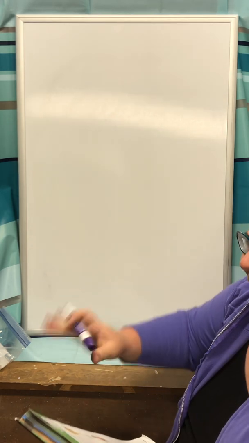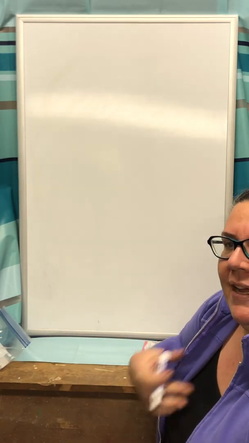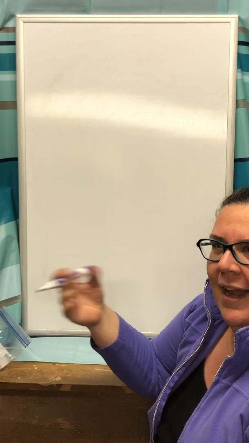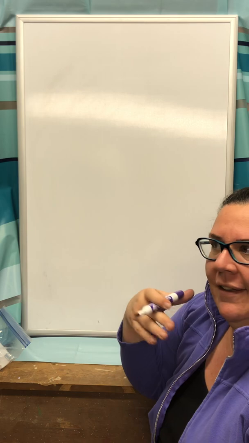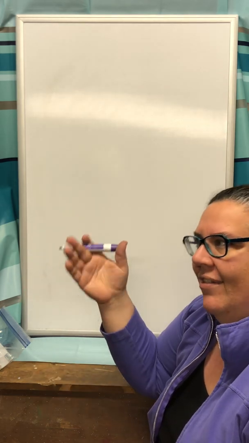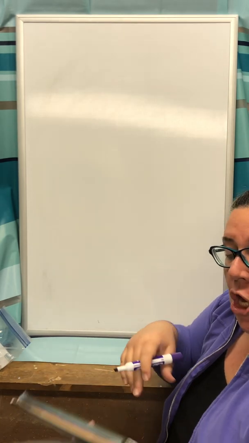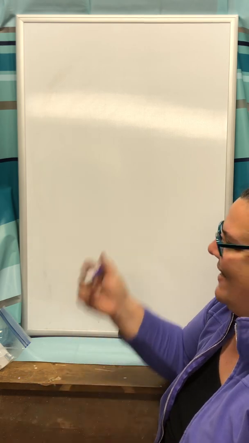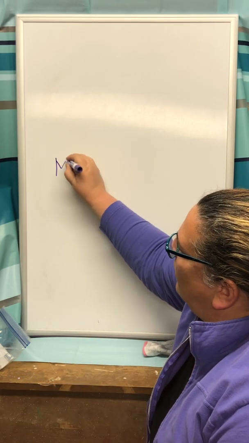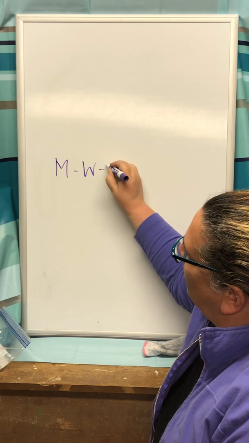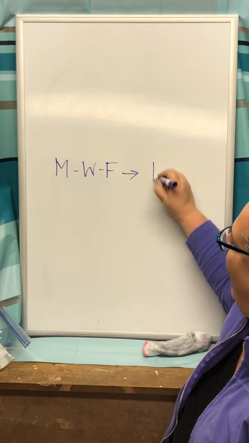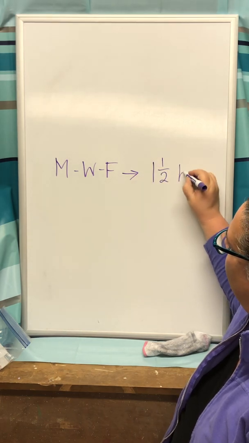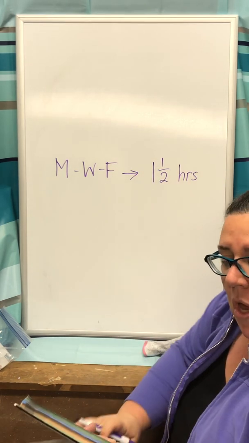So again, first, before I do all of that, I'm going to just list my information that I know, because I always want to take my word problem and put it into some kind of organized manner that I can then easily look back to and go, oh, okay, I'm going to use this number. So I know that Monday, Wednesday, and Friday, they're telling me that I have 1.5 hours to submit each of those days.